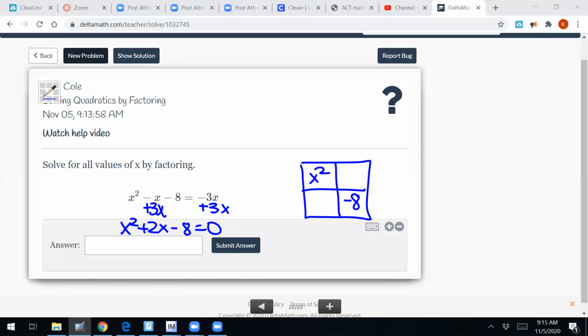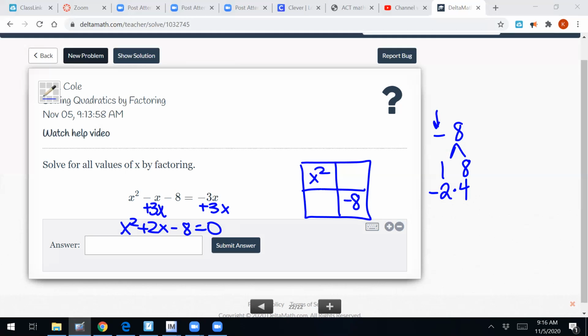So negative 8, we want the factors of negative 8, which are 1 and 8, 2 and 4. Which ones do we want? Because we want our sum to be positive 2. So how are we going to make 2 and 4 become positive 2? That's right. We want the 2 to be our negative, or the one that we're taking away. And when we multiply negative 2 times 4, it does give us negative 8.